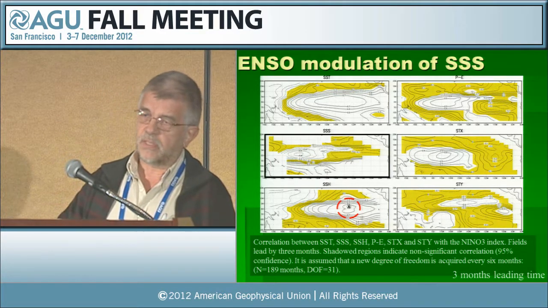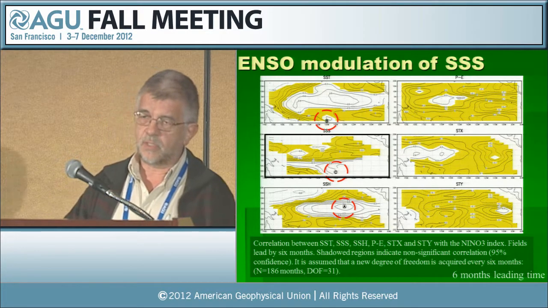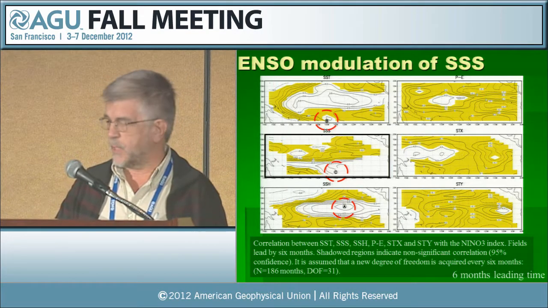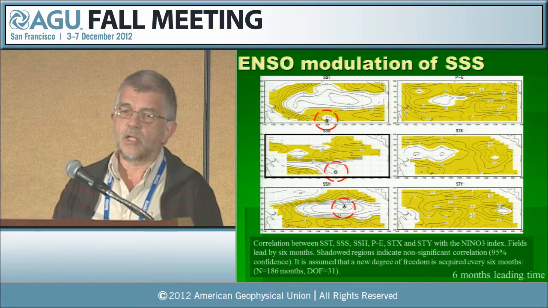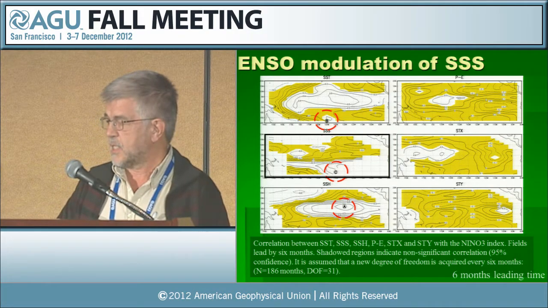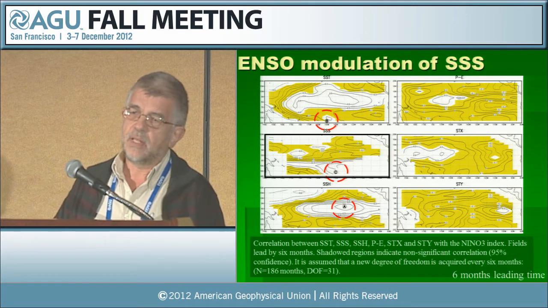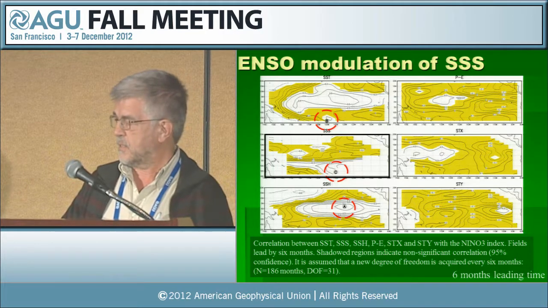And if we go further in time difference, to 6 months in this case, but it has also been computed for 8 months and 12 months, we see that the 3 variables, temperature, salinity, and height, provide contributions to this prediction that are independent of one another. In particular, salinity alone can explain up to, I think, 36% of the variability of the El Niño index 6 months in advance.